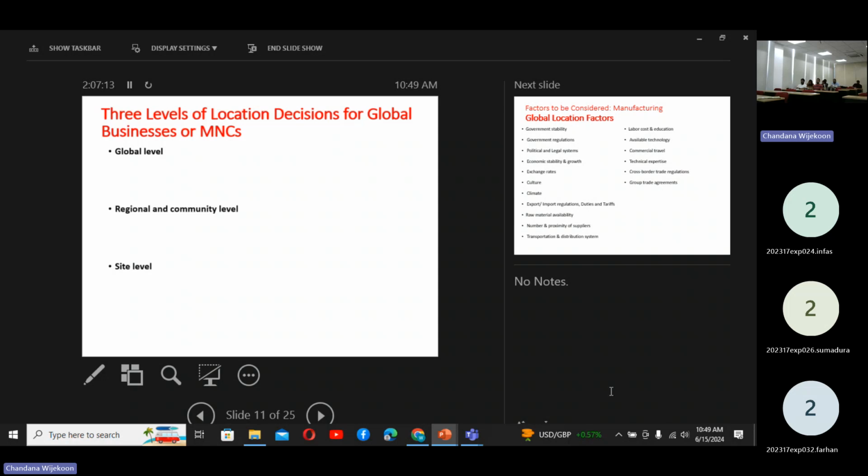Then within the region, there can be multiple countries that they will have to analyze and select one country. The next level, within a country, is selecting a location, selecting a site. So in each situation, they need to consider different location factors. There can be many factors that businesses would consider, but I have listed some of them here.